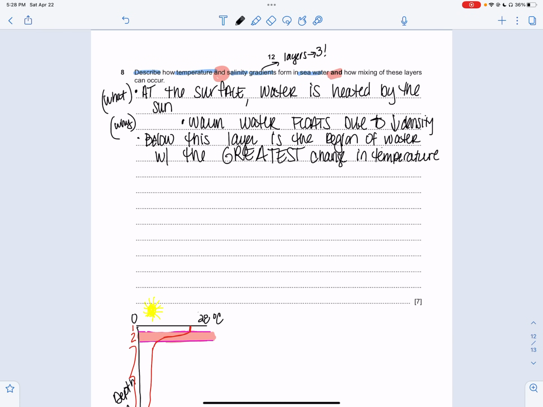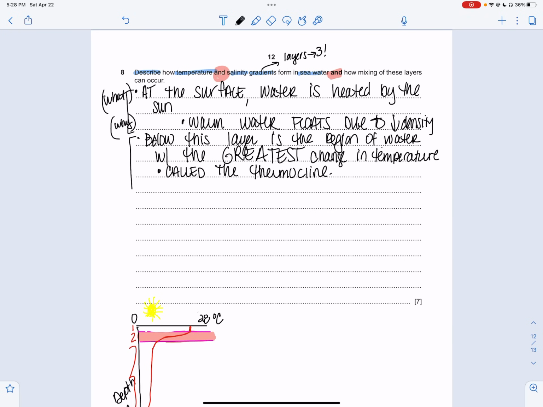This is the thermocline. Okay, so this is the second layer. Here's the first.